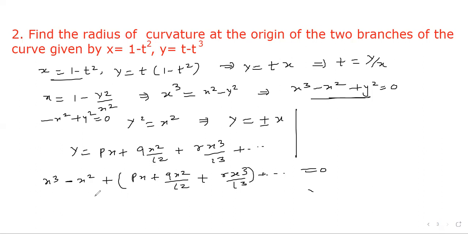Now we try to equate the coefficients of x square and x cube, and on the RHS they are 0. So the coefficient of x square will be minus 1 here, and from y square, the coefficient of x square when squared will be p square.